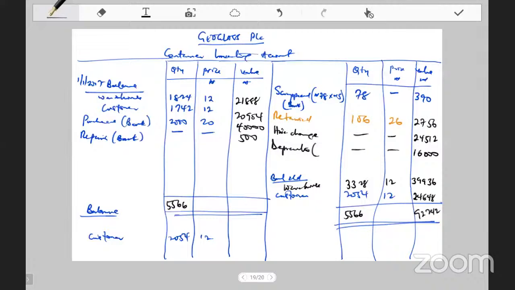minus 92,242. What did you get? What's the profit? 8,950.